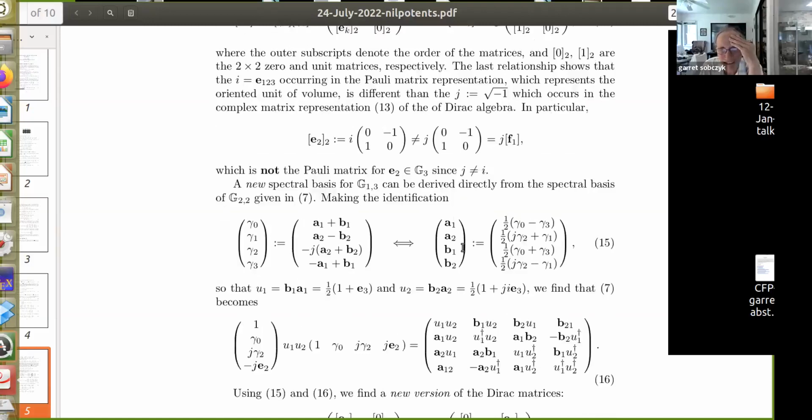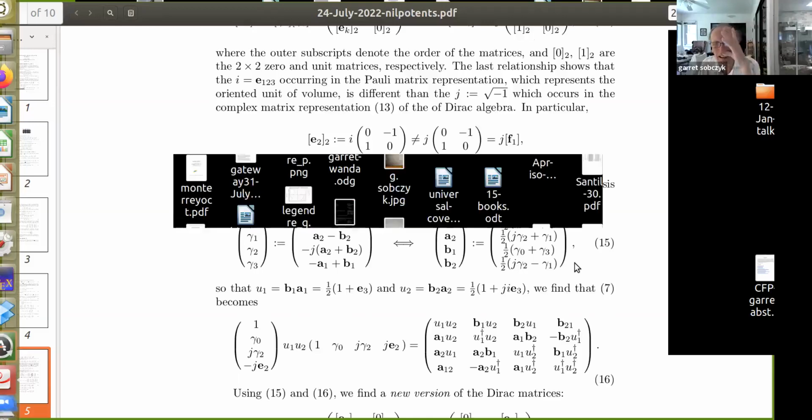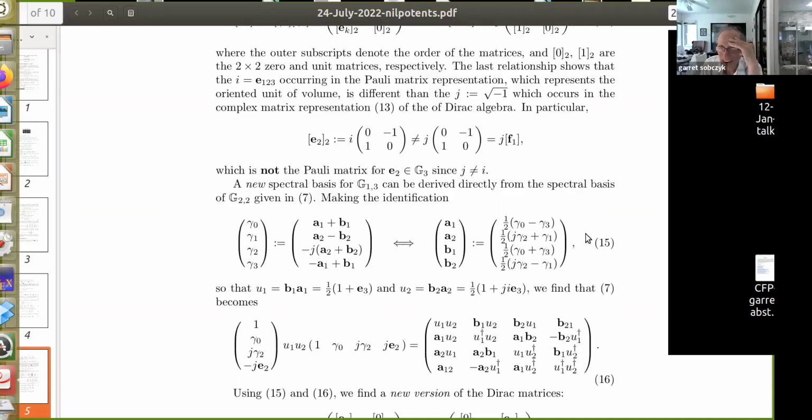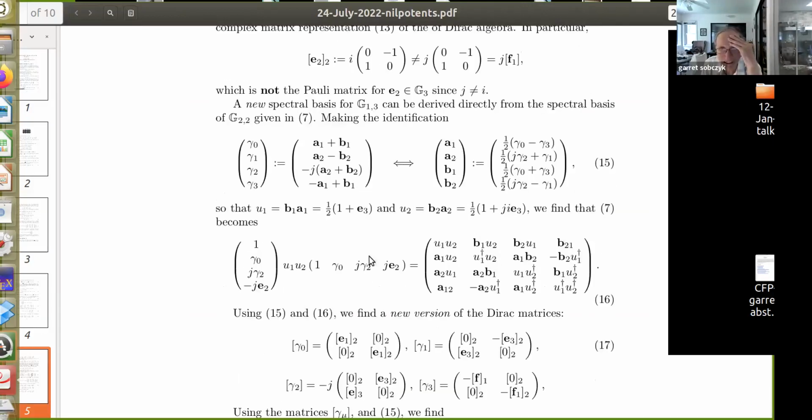It's difficult to go through all the calculations, which is why it's nice to use a neutral signature, because you don't have to worry about complexifying this term or that term. It becomes complicated, but here it is again, the spectral basis in terms of the nilpotents.